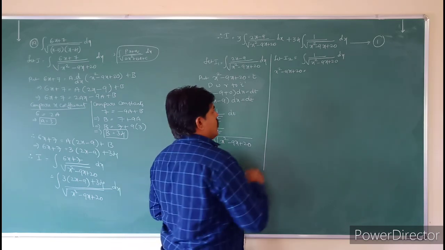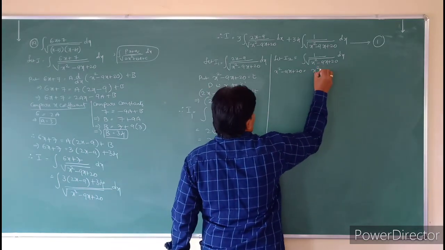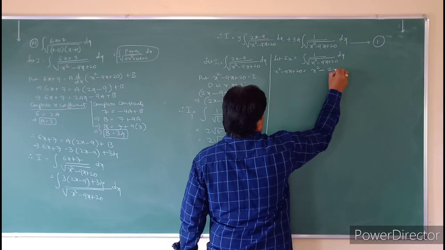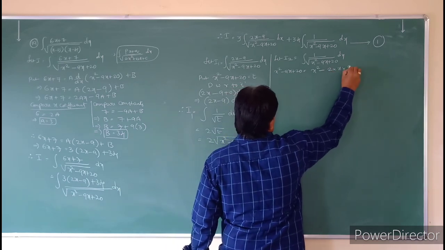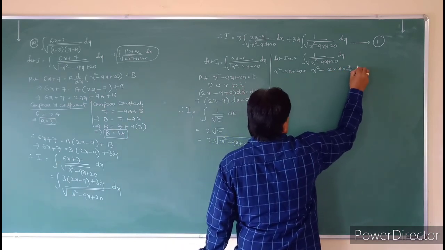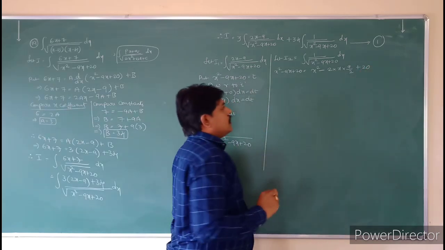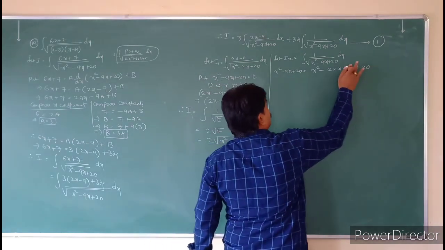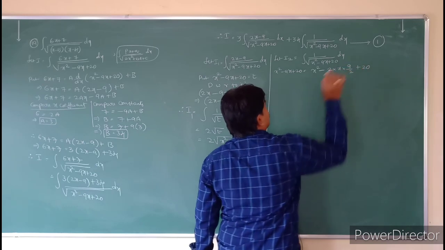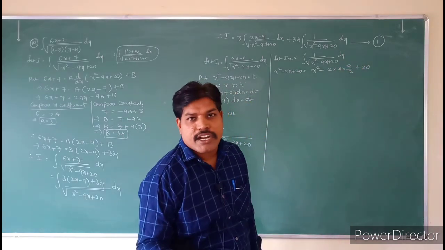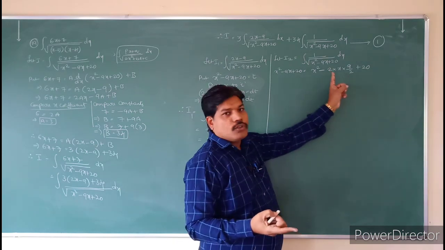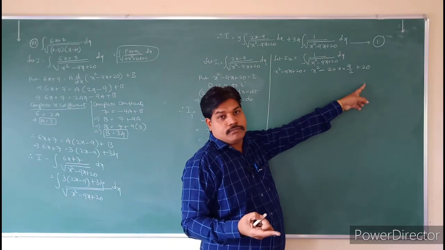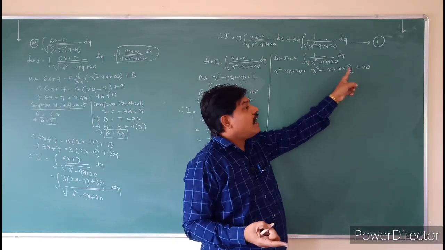So what we will do is x square minus 2 into x into 9 by 2 plus 20. Just I multiplied and divided with 2. So why did I multiply and divide with 2? You will convert it into the form of 2ab, 2a and b.